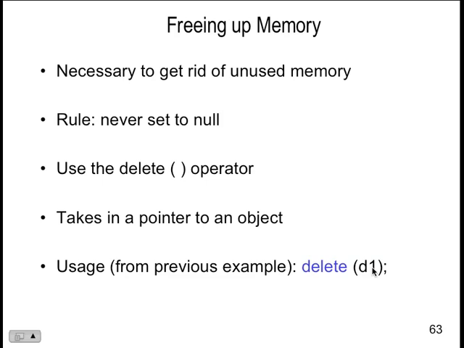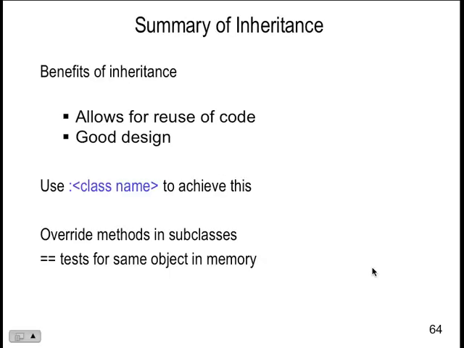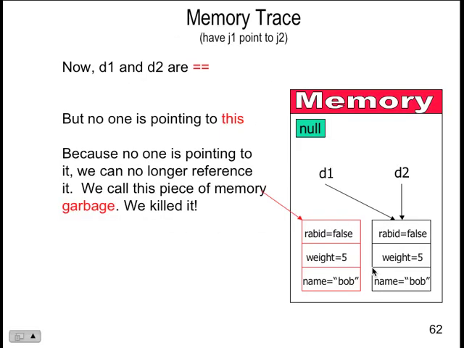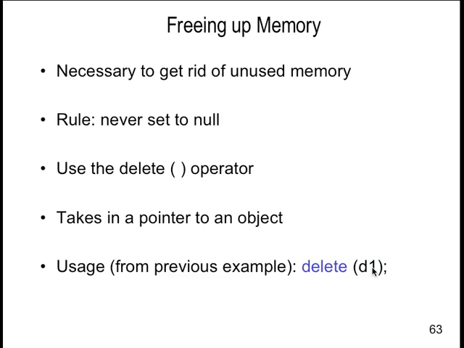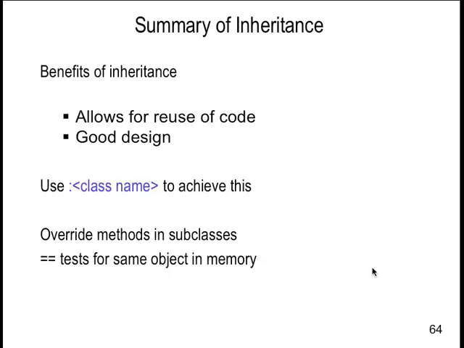But we have to delete it before we move it. So we use delete on D1 to delete the object, and then have D1 equal D2, or D1 equal null. If we set D1 equal to null without deleting it first, we still leave the memory there and cause the same problem. But we'll see delete actually used in a couple of different examples.